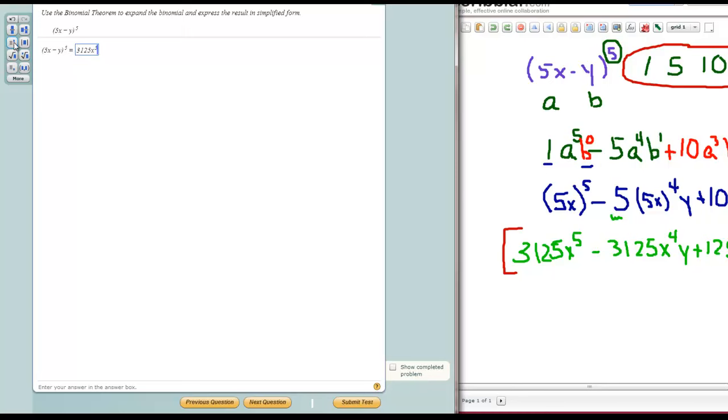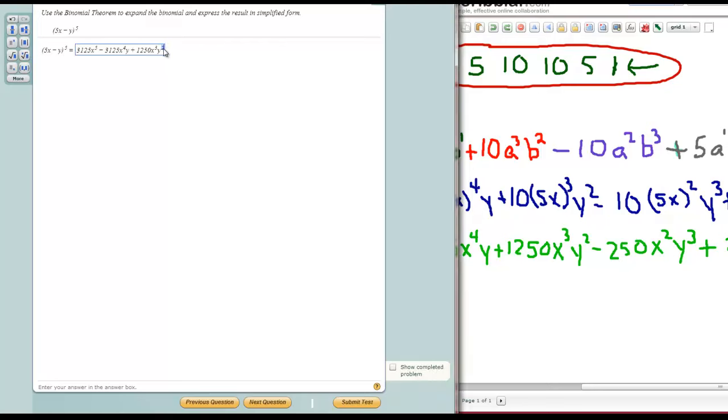minus 3,125 x to the 4th, and then y, and then next plus 1250 x, and we have exponent to the 3rd, y, exponent to the 2nd, and let's scroll over.